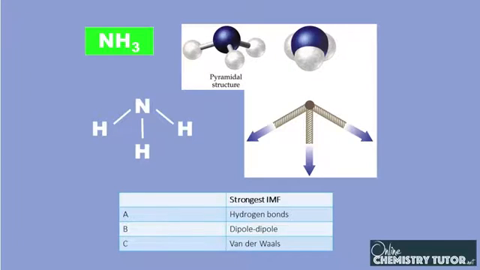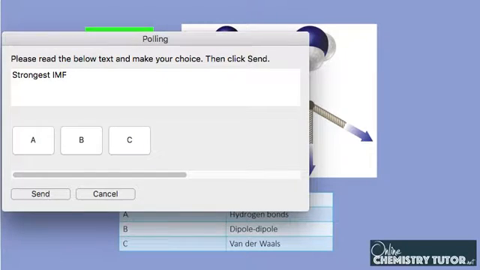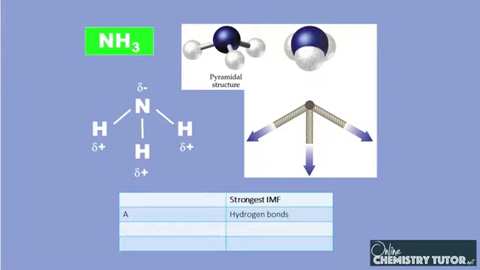So here is the next one. Again, it meets the requirement for hydrogen bonding because we have nitrogen covalently bonded to hydrogen. It can hydrogen bond with itself.